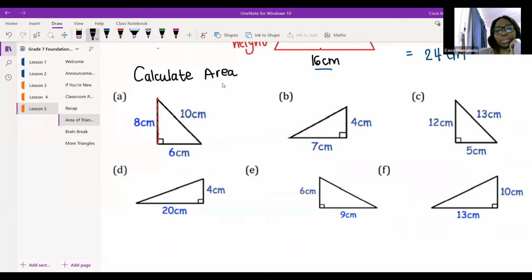Okay, I'll give you guys both formulas. Area is equal to, you can either use half of the base times the perpendicular height, or you can go area is equal to base times height divided by 2. You guys can use either one of those. It's up to you which one you want to use.